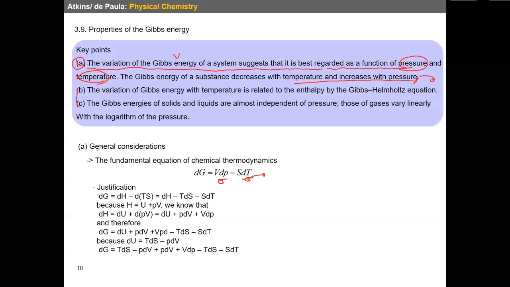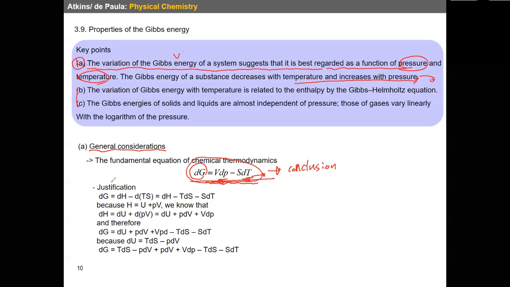Okay, so let's see. General consideration. The fundamental equation of chemical thermodynamics is dG equals VdP minus SdT. This is the conclusion. So how can we get this equation?